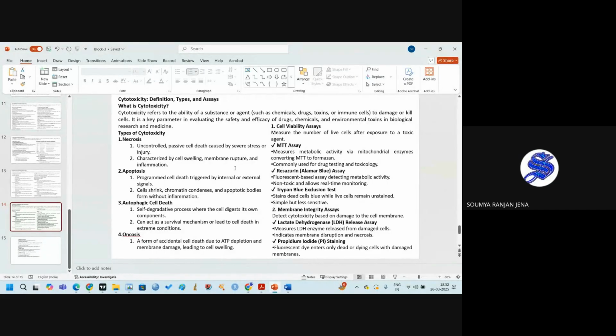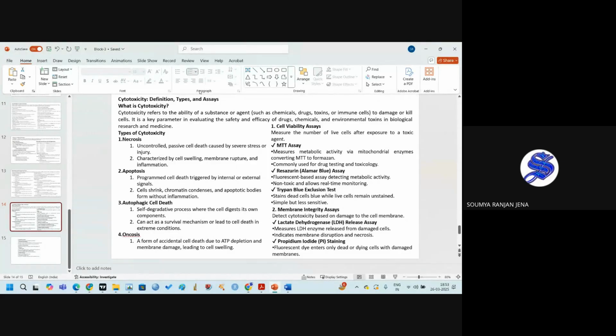Then after cell culture, how do we use the cytotoxicity study? If we synthesize a new drug to test on these cancerous cells, whether that drug kills them or not, we study that process by cytotoxicity. Cytotoxicity means killing of that cell.